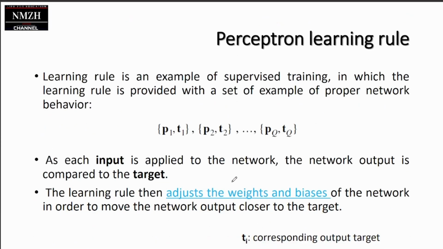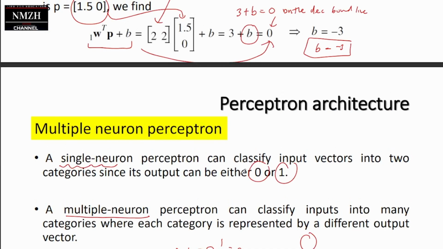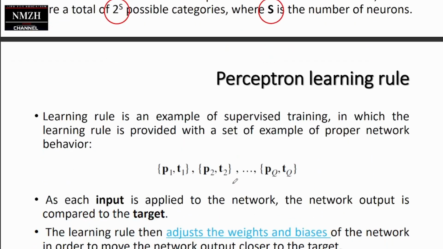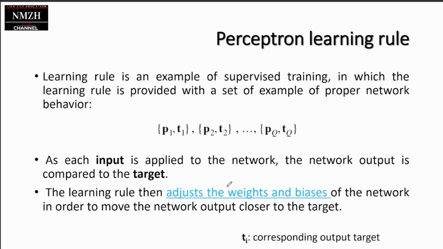Okay. All right. So now this is the most important thing to be discussed, the perceptron learning rule. The learning rule is implemented in supervised learning, where the learning provides a set of data. For example, this one is the input, this one is the target.